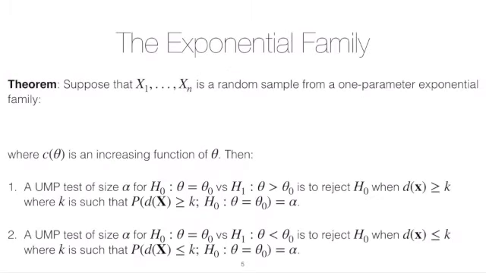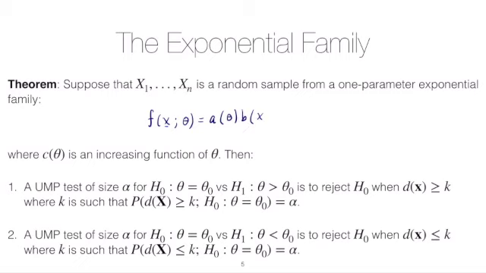So things get a bit easier if we have a sample from the exponential family. Just as a reminder, a random sample comes from the one-parameter exponential family if you can take the joint PDF of the data and factor it in a certain way. So you have your A of theta, where A is just a function of the parameter, not of the data.